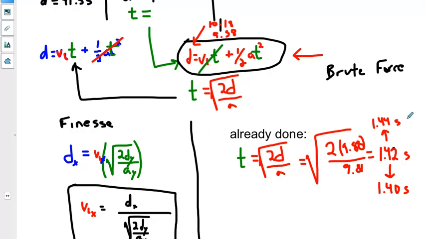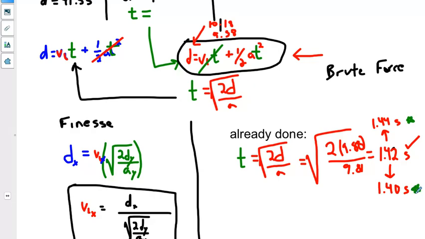Okay, so if you got at least one of them, then you're going to get the other one. All right, we agreement? Yeah? Okay, good. So you're part of the way there, which is nice. So this 1.42 is already done, and the new ones here are 1.44 and 1.40.